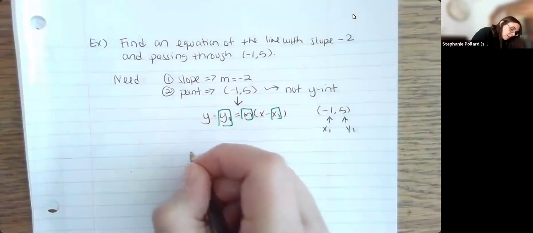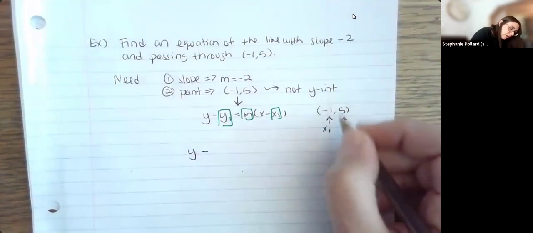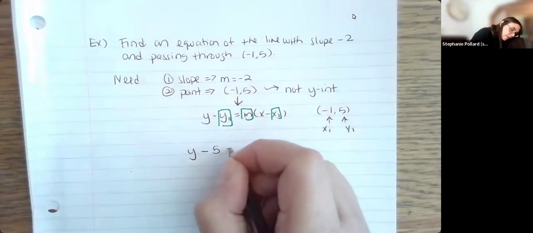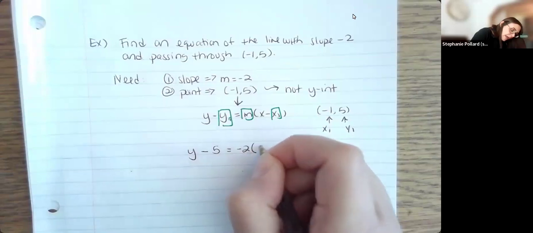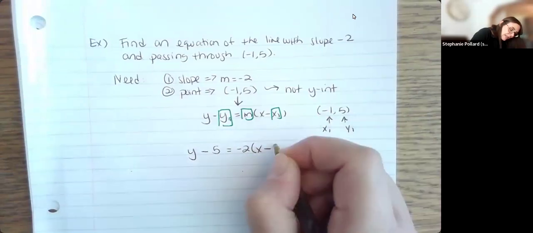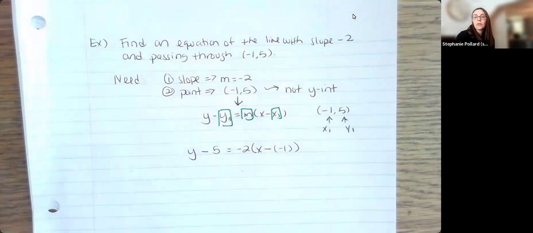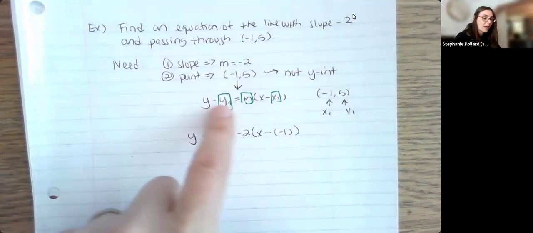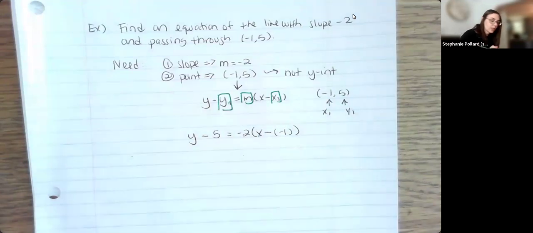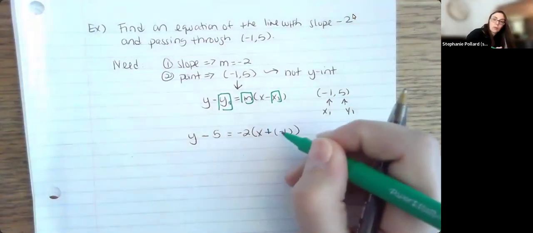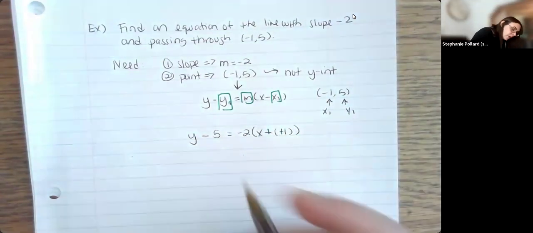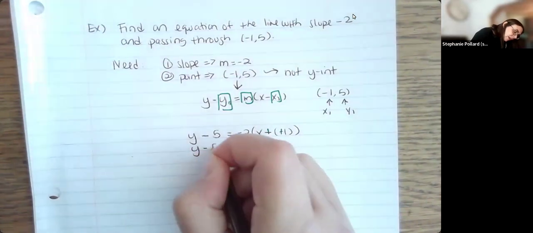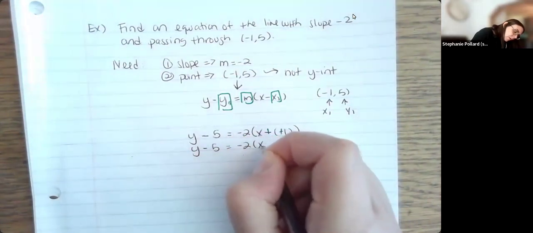So the equation becomes y minus 5, since y1 is 5, equals m, which is -2, times x minus x1, and x1 is -1. Just watch out for those double negatives there. There are always minus signs in this formula, and if you have a negative, it does get a little bit tricky. So that is going to change to a positive. This becomes y minus 5 equals -2 times x plus 1.